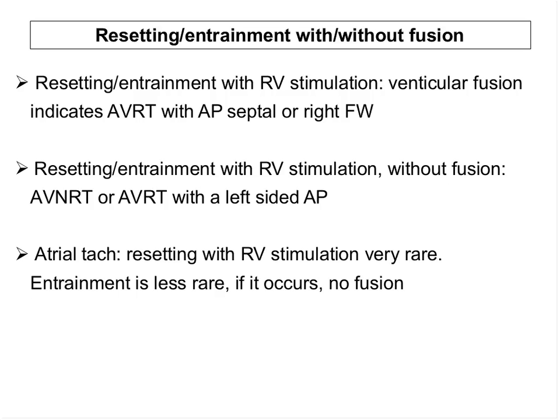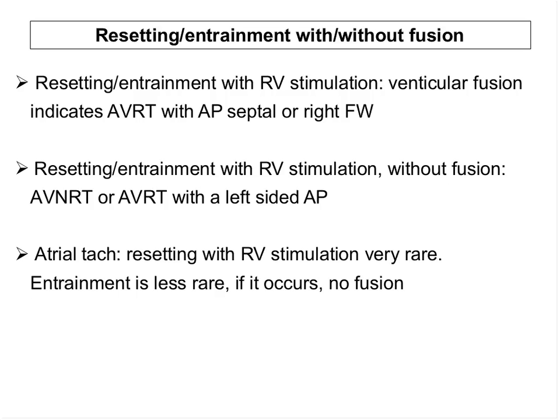When you are dealing with an atrial tachycardia, it's not so easy to make sure that you have entrained the tachycardia, but in any of these situations, you can ask yourself if there is fusion at the ventricular level during pacing.